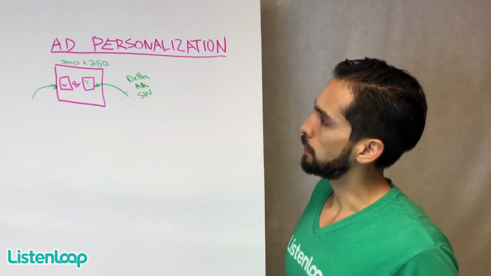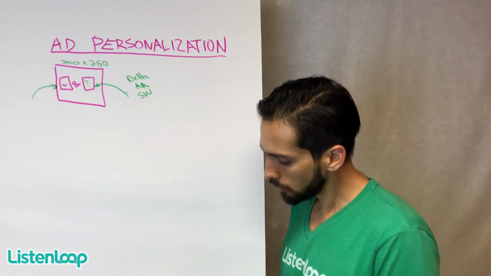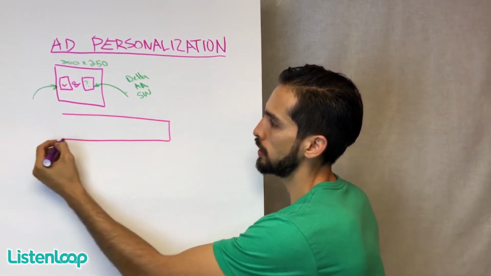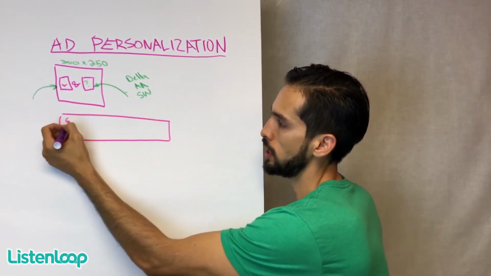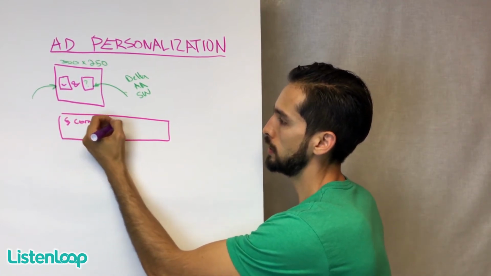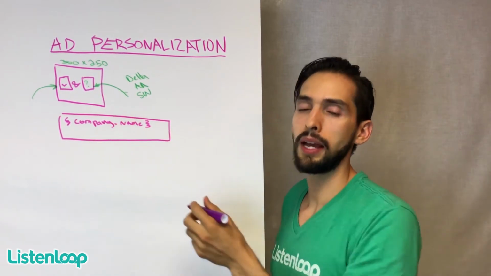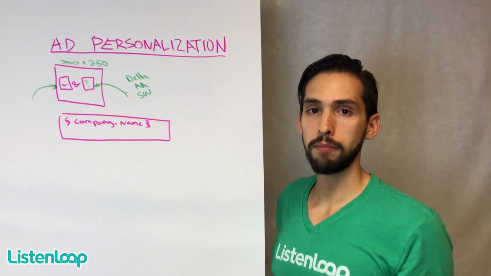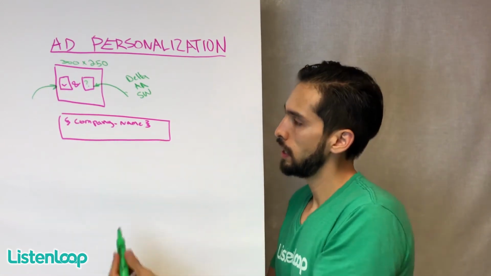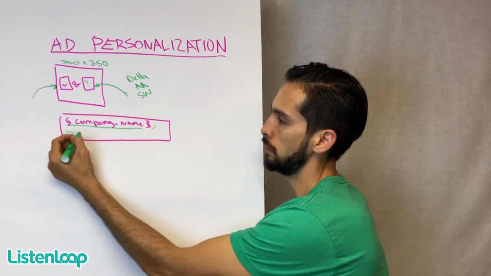But let's go a little bit deeper. What more could you do with ad personalization? Well, if you had ad personalization, you could also do some other interesting formats, such as injecting company name templates and tokens into your ad units. Now, this is something that ListenLoop offers in the retargeting product only, but essentially you could have a placeholder that says token company name, let's say welcome.